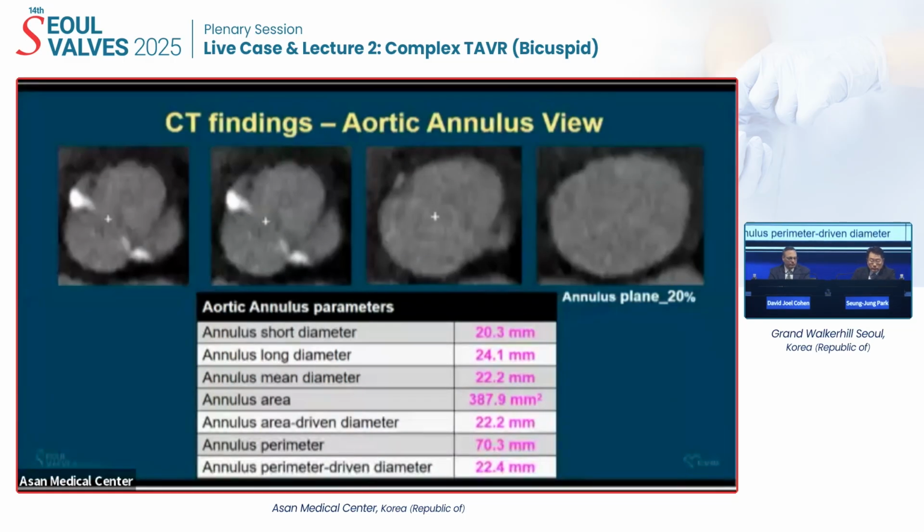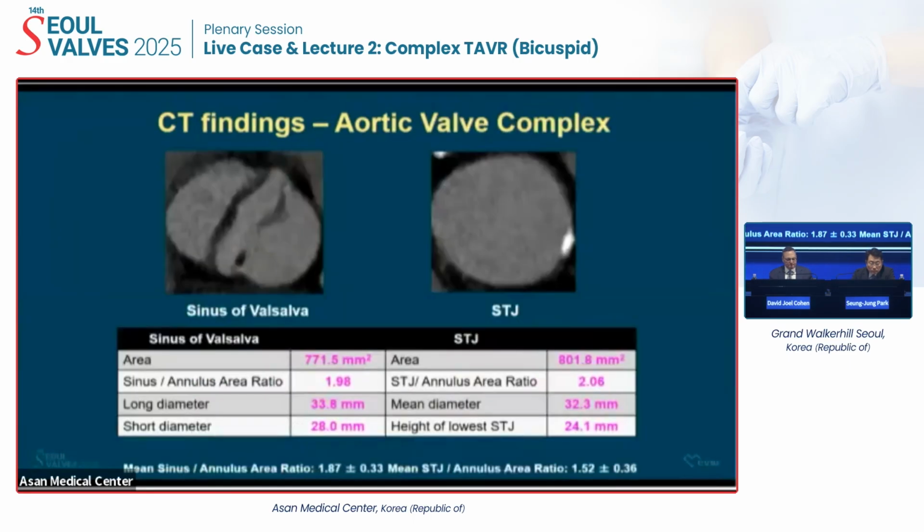On CT findings, this is the cross-section view of the annulus and 2, 4, and 6 millimeters above the annulus. Annulus area was 387, sinus valve was 771, and STJ was 801. You can see the type 0 bicuspid aortic valve.